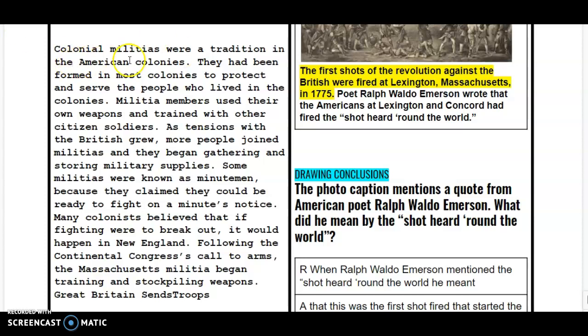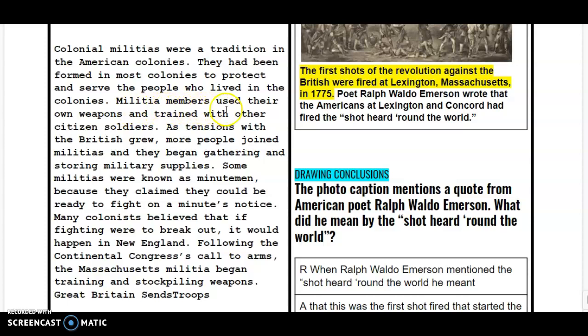So the colonial militias were a tradition in American colonies. That means that they happened quite often. They had been formed in most colonies to protect and serve the people who lived in the colonies. So they were their own little military.